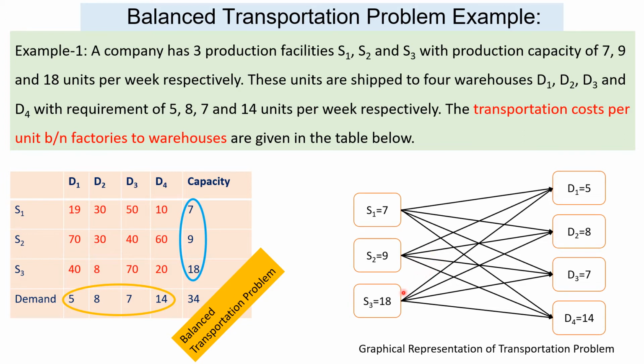And from S3 to D1 is 40, then here we write 8, then 70, then 20. So this is just a graphical representation of the transportation problem.